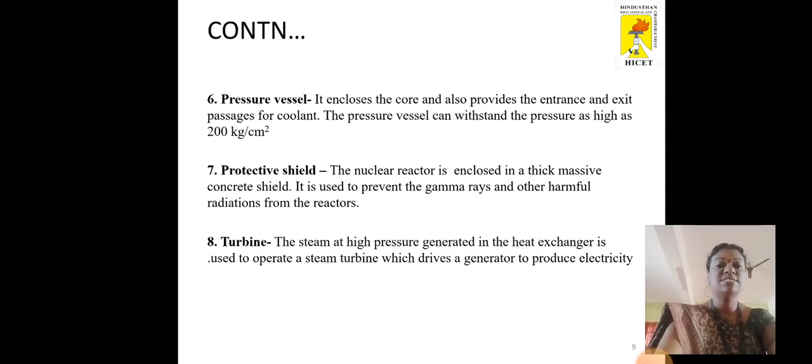Usually a thick massive concrete shield is used to protect the reactor, which prevents the exit of gamma rays and other harmful radiations to the surroundings. Eighth one is the turbine. The turbine is used to drive the generator to produce electricity. The steam at high pressure is generated and the heat exchanger is used to operate the steam turbine.